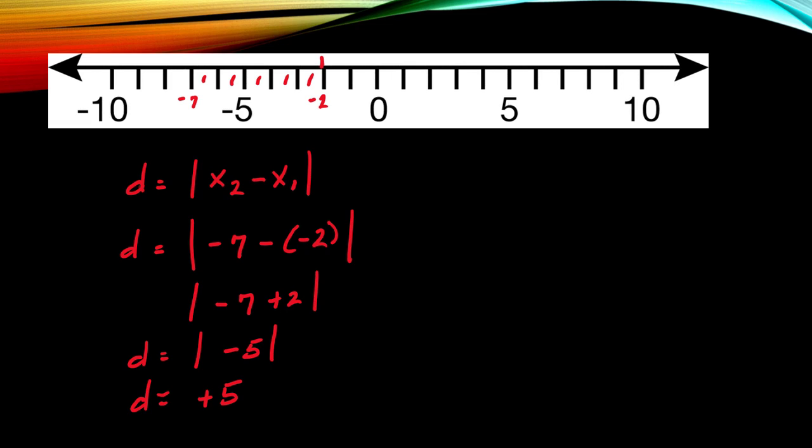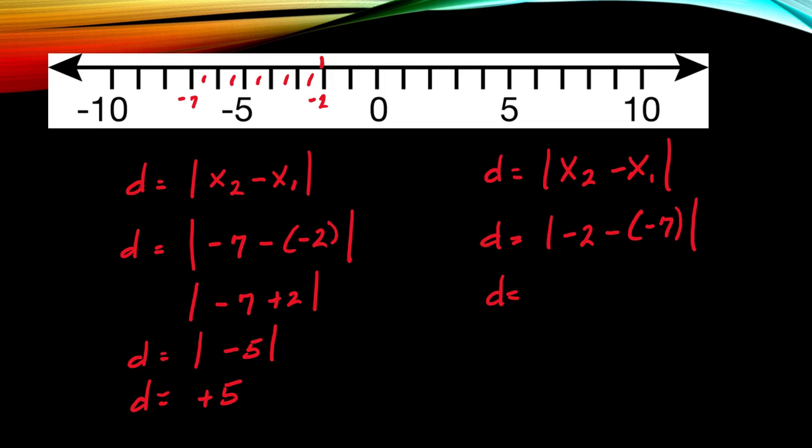Let's look at it like this. Once again, distance equals the absolute value of x2 subtract x1. This time, I'll start with -2, bring down the subtraction sign, put that negative number in parentheses.